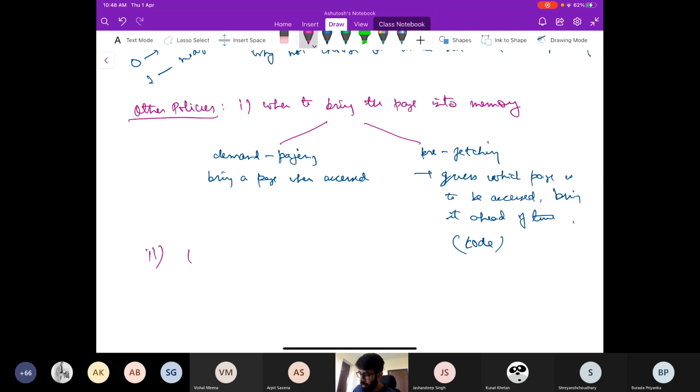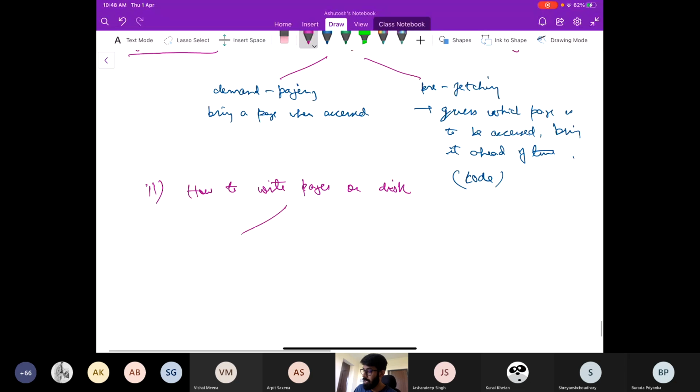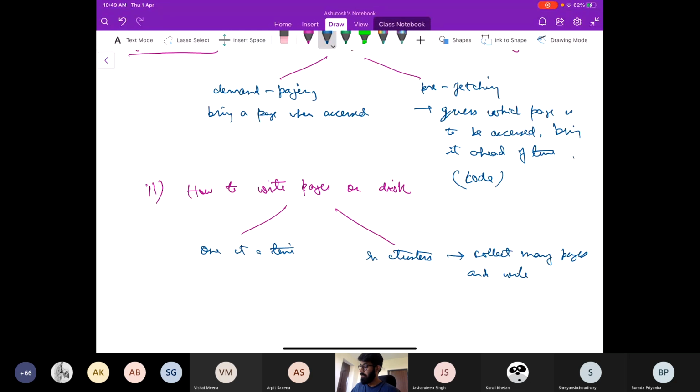And the other policy is about how to write pages to disk. Again, there are two ways. One is one at a time, and the other is in clusters. Basically, collect many pages and write them together.